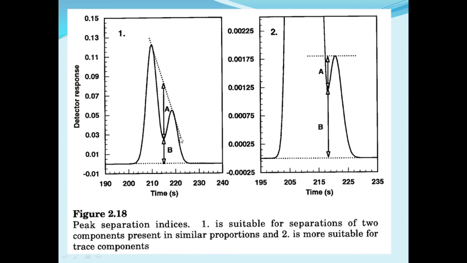For trace analysis, drawing a tangent between the apices of the two peaks is difficult, because there are no two clear peaks.